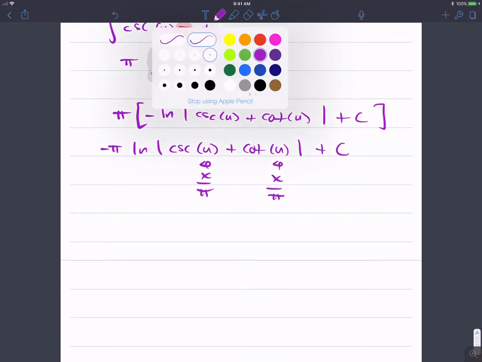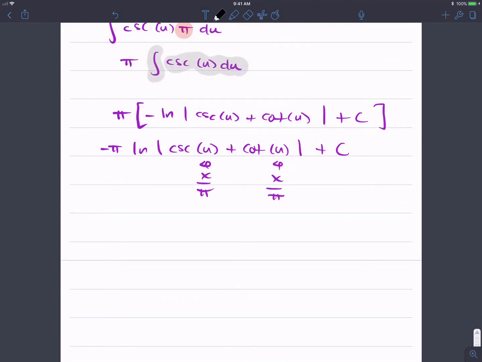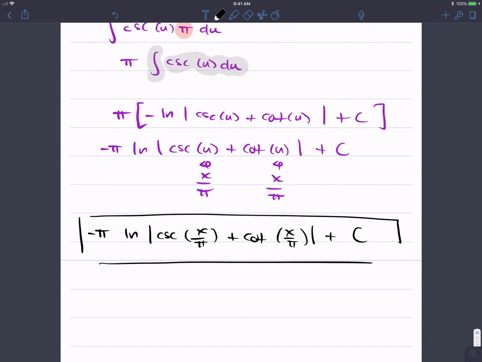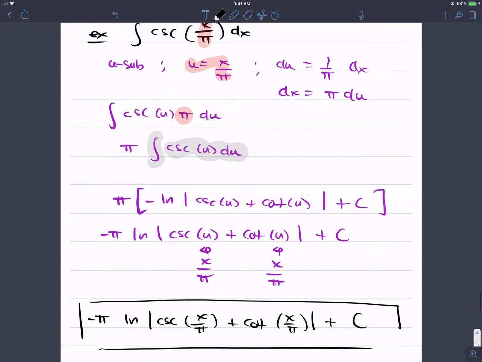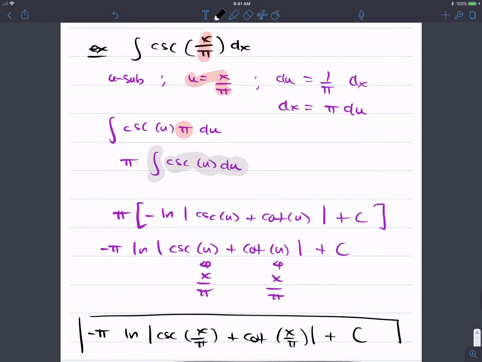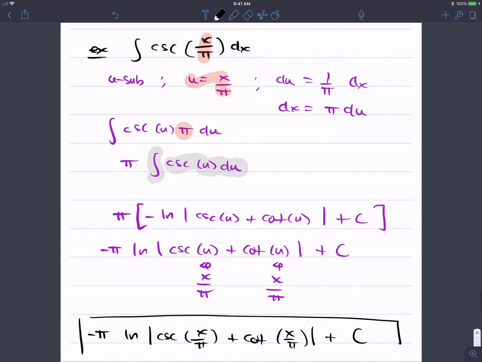So let's write this final answer here: minus pi natural log absolute value of cosecant x over pi plus cotangent x over pi plus that c. So here is how we're going to use u sub with trig integrals involving secant and cosecant.